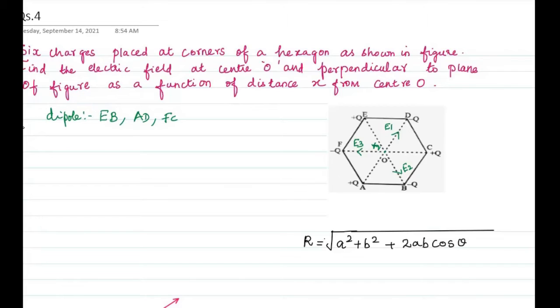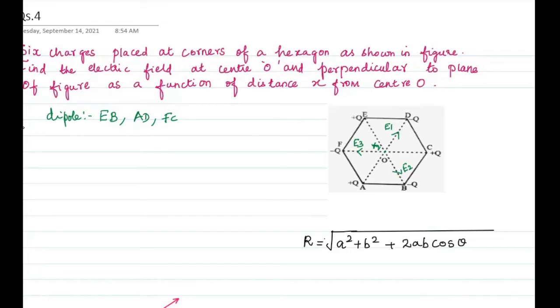So opposite to the dipole moment you draw the electric field. For this D and A pair, the electric field direction is from positive to negative. Remember that: electric field direction will be from positive charge to negative charge.